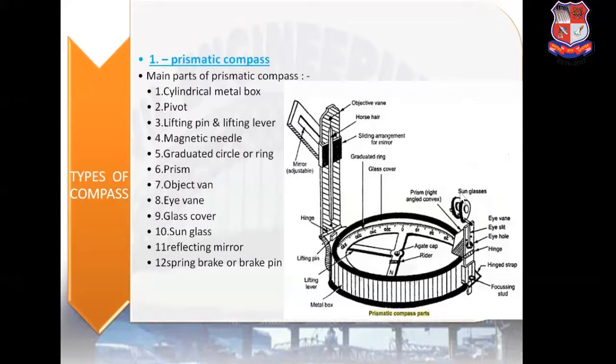Sunglasses, here you can see the top of the eye vane, in front of the eye vane, sunglasses are provided. Reflecting mirror on the object vane and spring brake or brake pin that is provided in the prismatic compass. Now let us discuss each component one by one.